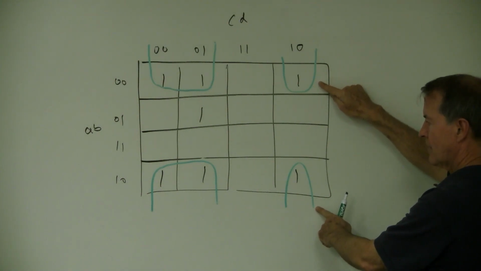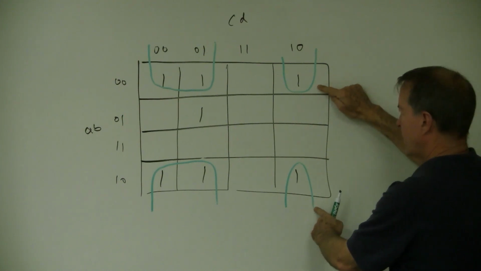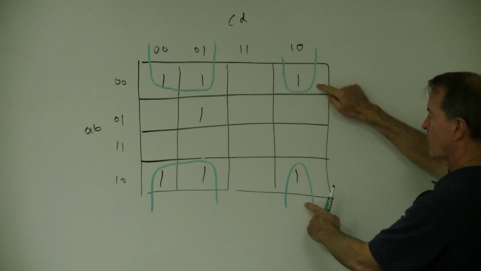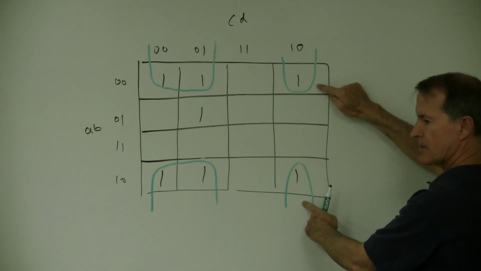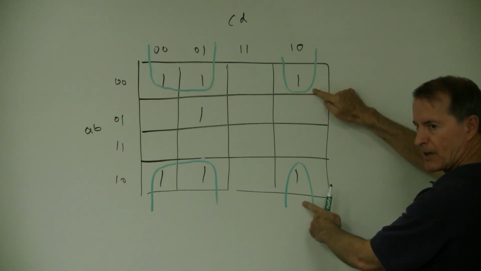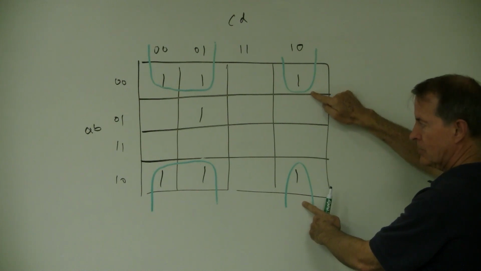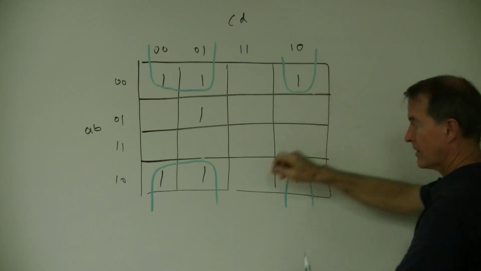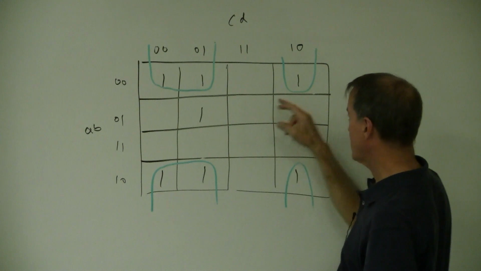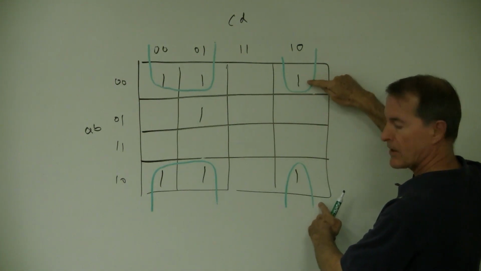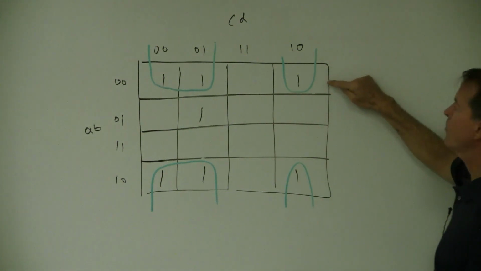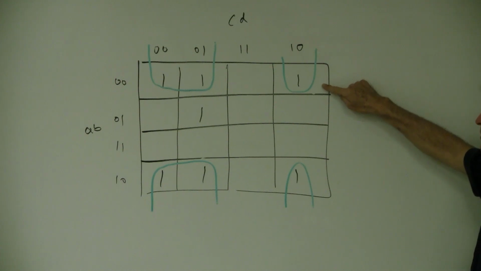Don't you want me to go Pac-Man the other direction to the other side? We need to cover both of these, but we want to use as big a grouping as possible. So you can just do another square. Why not cover this and this at the same time we cover this and this? That will make this group bigger. Tell me, what term would this one correspond to?